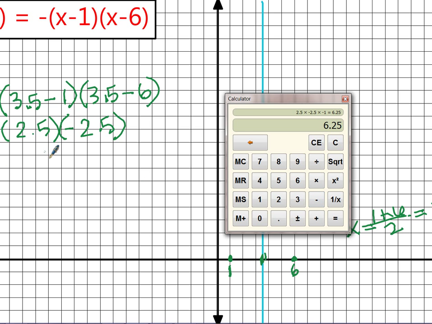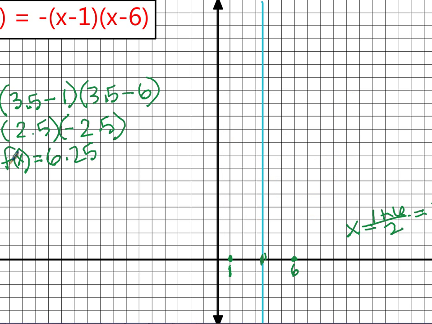I'm going to get a positive 6.25. That's going to be my y value when x is 3.5. I'm going to rewrite that f of x because the real way to write it would be f of 3.5.